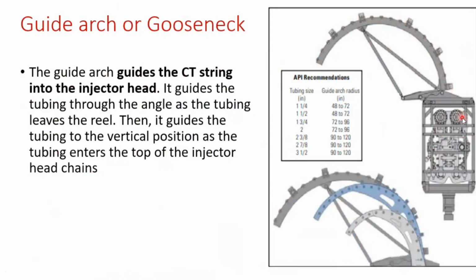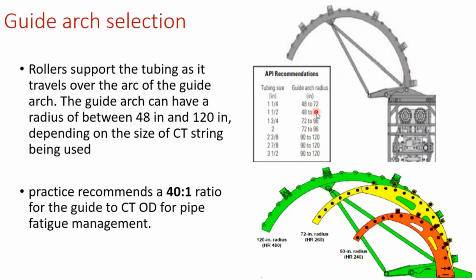This smooth entry means the coil tubing has no abrasive bending, because if we imagine we are leaving the reel and need to change direction, a smooth change of direction lowers the bending stresses on the coil tubing itself. So in the design of the coil tubing operation, we select our guide arc radius depending on the size of the coil tubing itself.